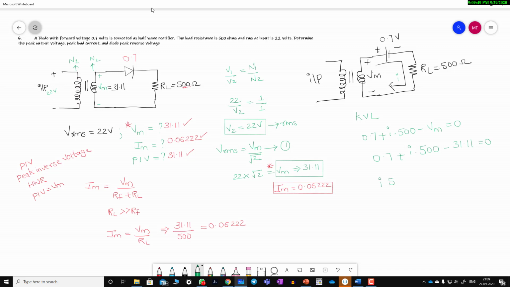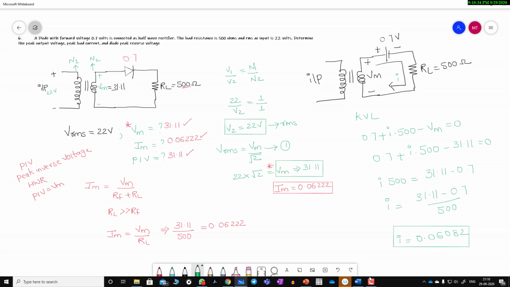So I into 500 is equal to 31.11 minus 0.7. So the current I is (31.11 minus 0.7) divided by 500. Now let us solve this. The answer which I got is I is 0.06082.